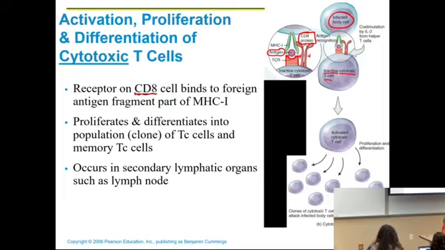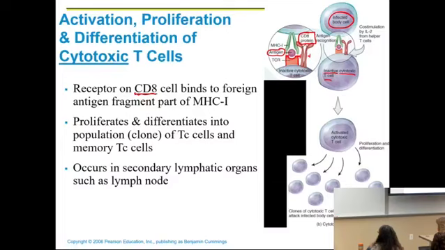We check this other binding pocket and see if there's a foreign antigen in there. If there's not, good. You're healthy, you're clean, we're moving on. If there is, now we need to generate an immune response. We have found some intracellular pathogen hiding inside that cell. We need to raise the alarm. So when we raise the alarm, third line of defense, what do?